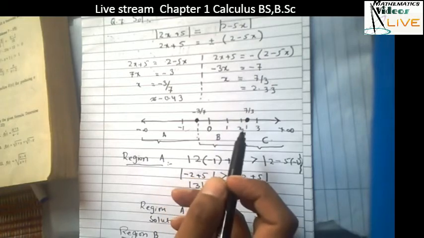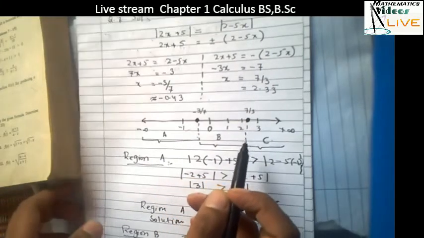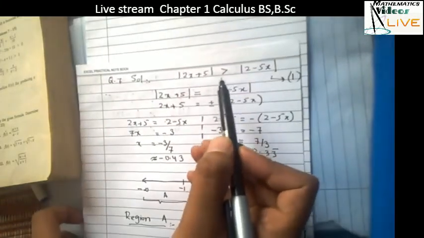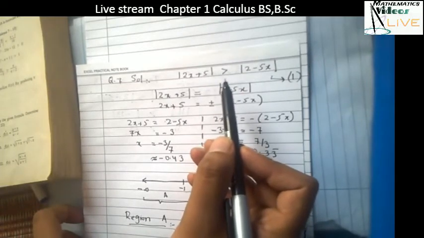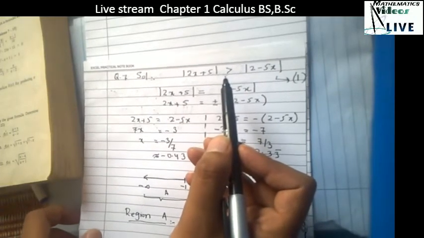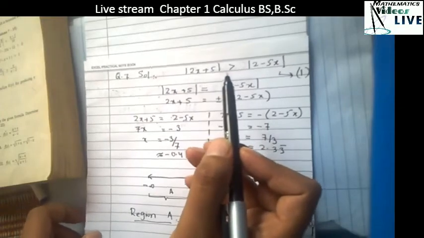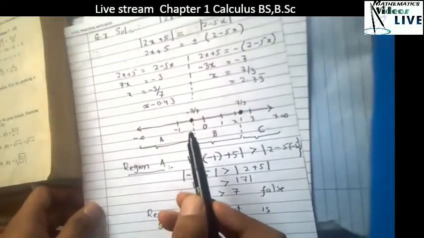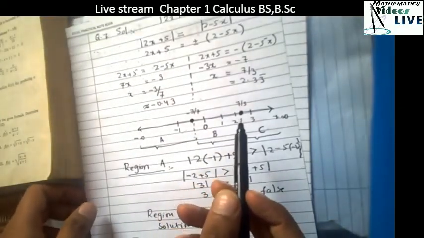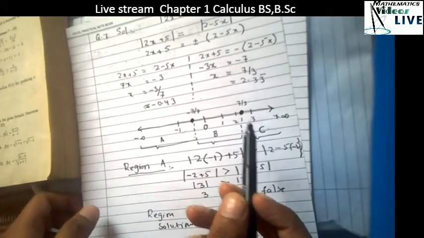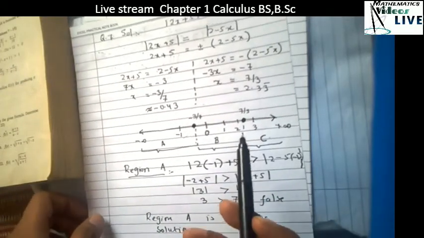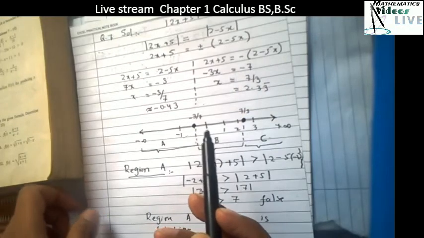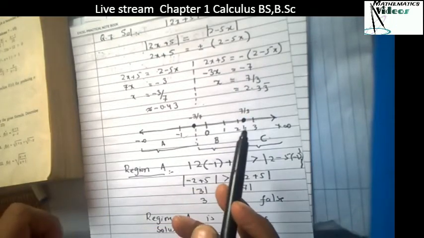Since only one region satisfies our inequality, that was region B, and only this region is in the solution set, and this region starts from minus 3 by 7 and it ends at 7 by 3. So the solution region is all of the points coming between this point and this point.